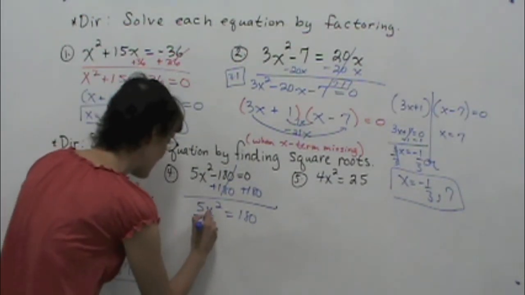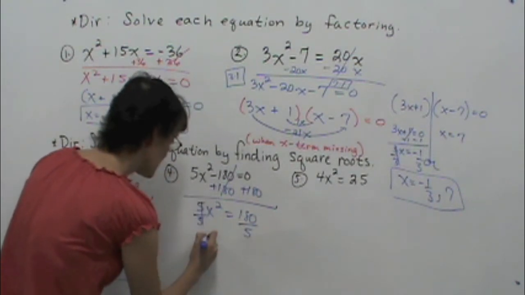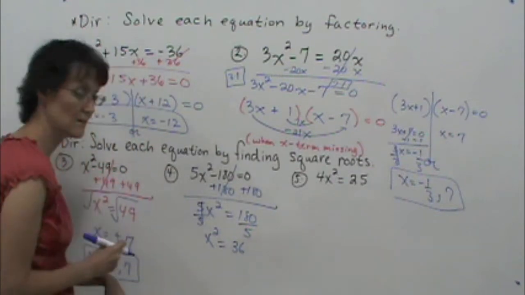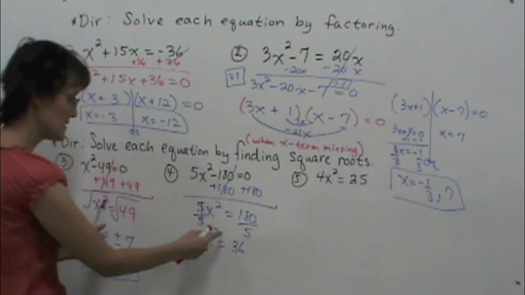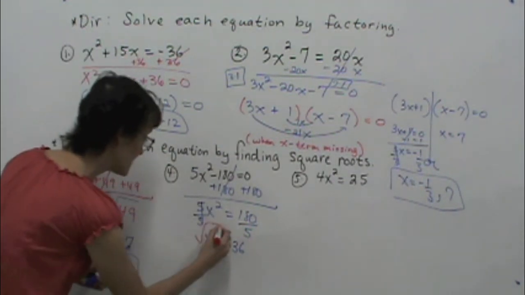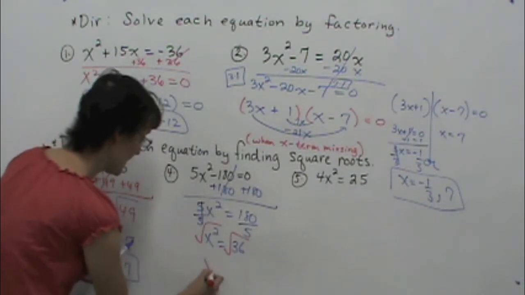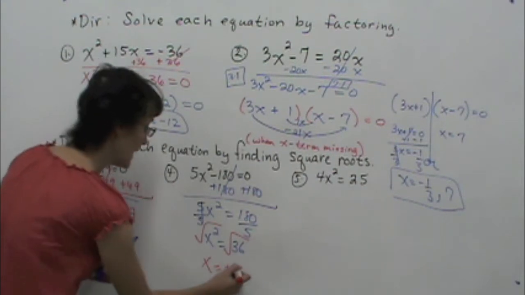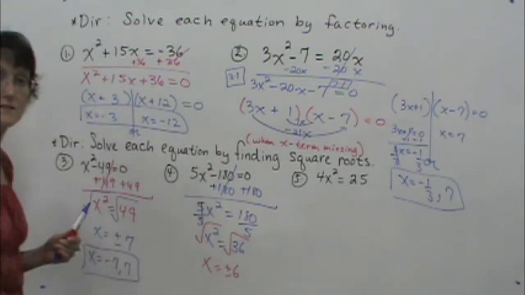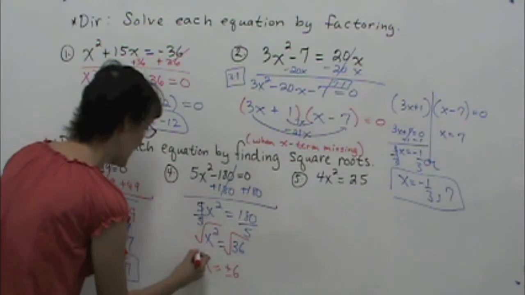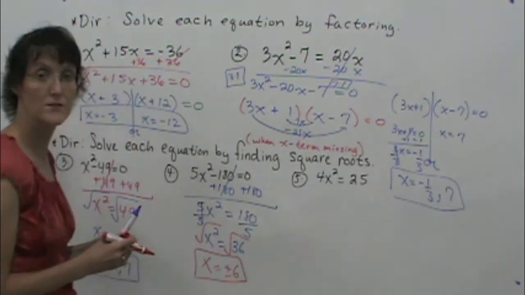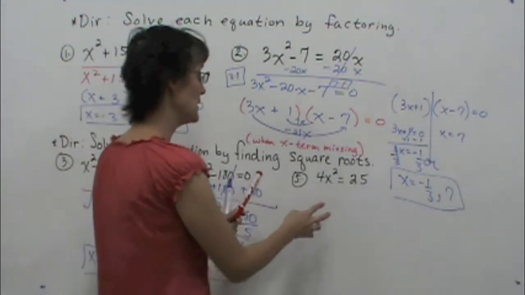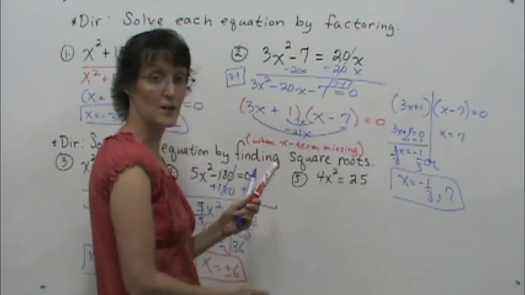So you want to divide by 5 first. So then you get x squared is equal to 180 divided by 5 is 36. Okay? And then what is the opposite of squaring? It is square rooting. So then I got x is equal to at most 2 answers, plus or minus. And then the square root of 36 is 6. You may leave it like this or as well. X equals plus or minus 6. You will see that.